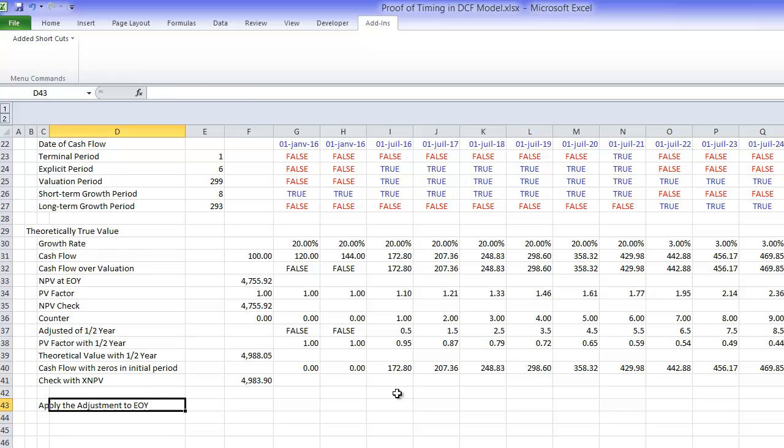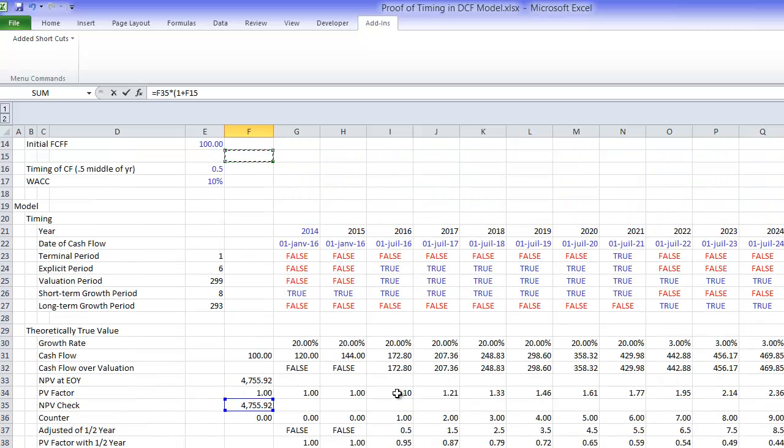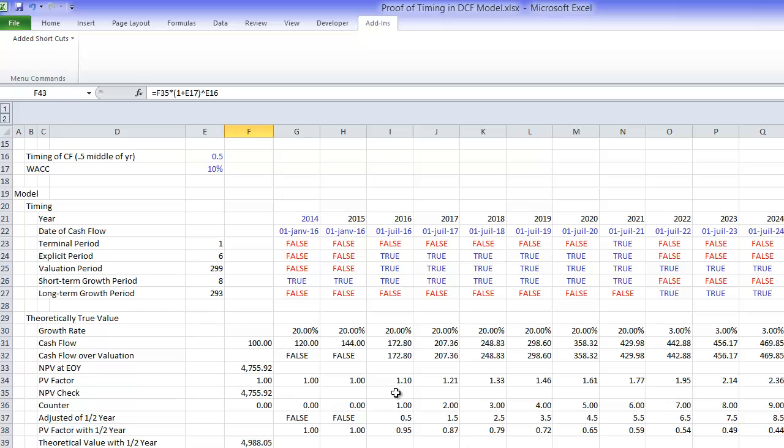All we could do is take our end of year, multiply that by 1 plus the weighted average cost of capital, and raise that to the 0.5 power. And then we get exactly the same result as we got up here.